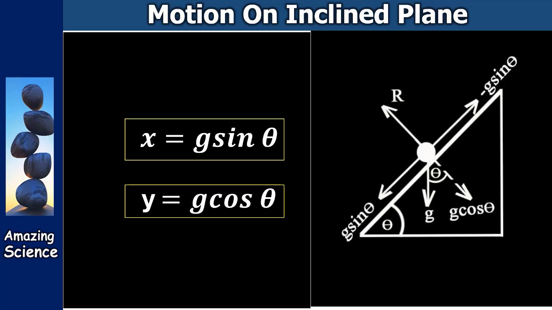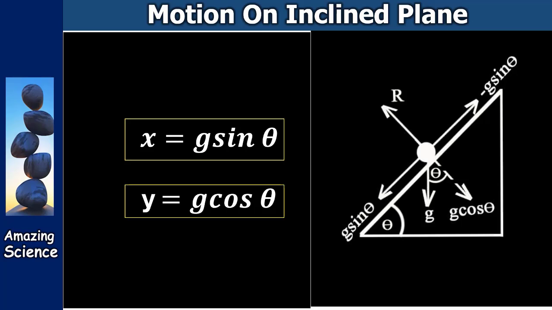And so the g is not just g, but because we are factoring in the angle, we are going to multiply the g by the sine of the angle. As the body rolls down, we are going to have g sine theta, but as it rolls up, because its movement is against the direction of gravity, it becomes minus g sine theta.